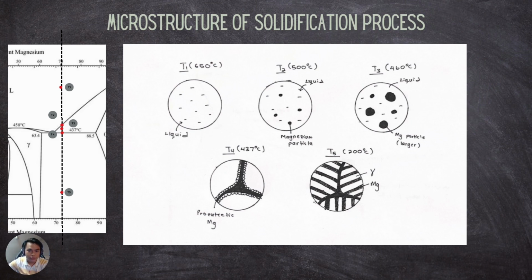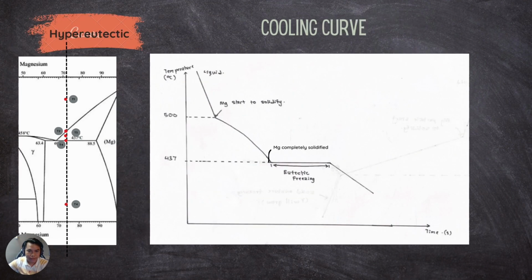At temperature 4, which is 437 degrees Celsius, the microstructure will form a lamellar structure with the pro-eutectic magnesium. And upon further cooling, the lamellar structure will grow and it will become like this, alternating with the gamma.